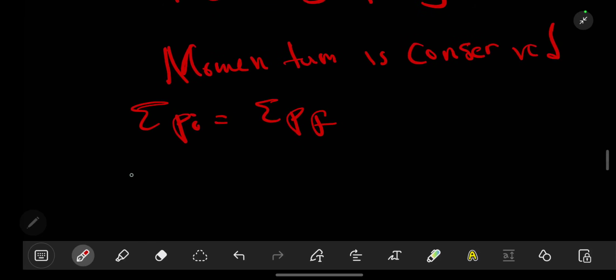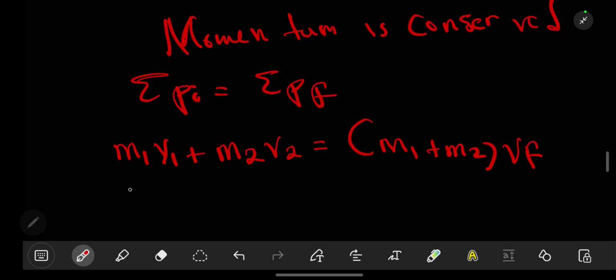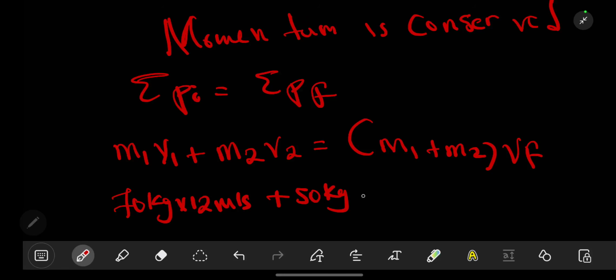So using the same approach, we have two men. Mass number 1 times velocity number 1, plus mass number 2 times velocity number 2, should be equal to m1 plus m2 times the final velocity, since they form one mass. Mass number 1, the man that was moving, is 70 kg times 12 meters per second, plus mass number 2, the other man, is 50 kg times velocity number 2, which is 0 since he was at rest.